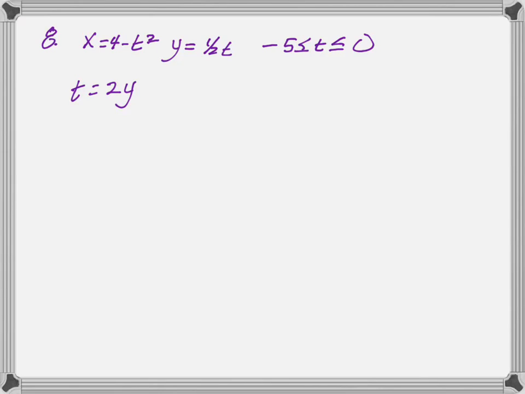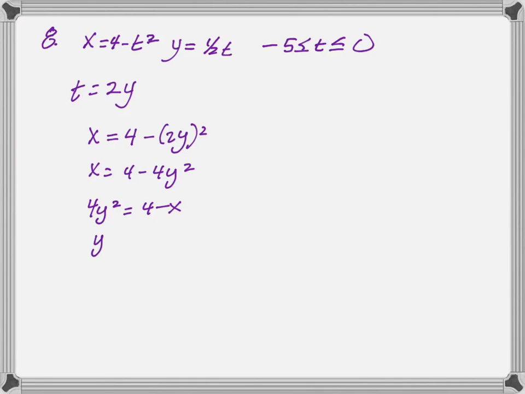Then we would say x equals 4 minus (2y) quantity squared. x equals 4 minus 4y squared. 4y squared equals 4 minus x. y squared equals 1 minus 1/4 x. So y is plus or minus the square root of 1 minus 1/4 x.